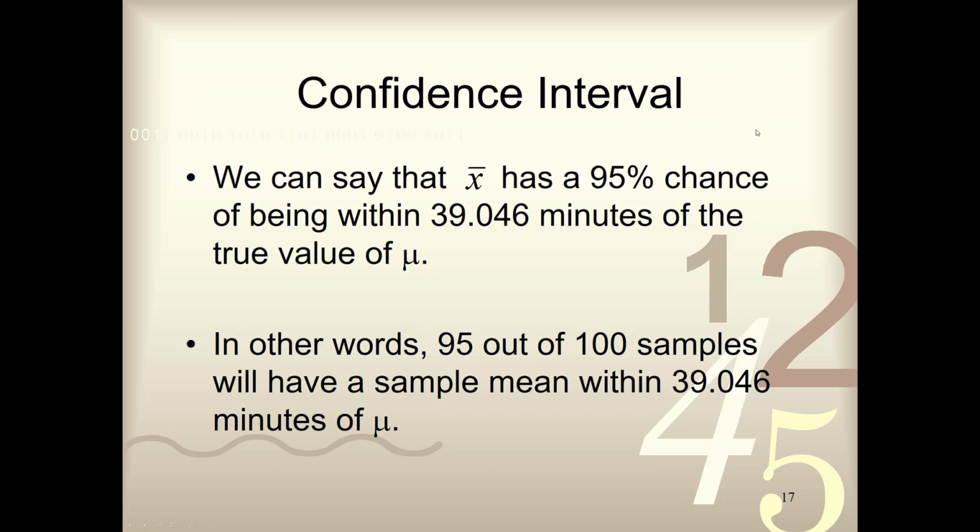Okay, so we can say that the sample mean has a 95% chance of being within 39 minutes of the true value of mu, the population mean. In other words, 95 out of 100 samples will have a sample mean within 39 minutes of the population mean.